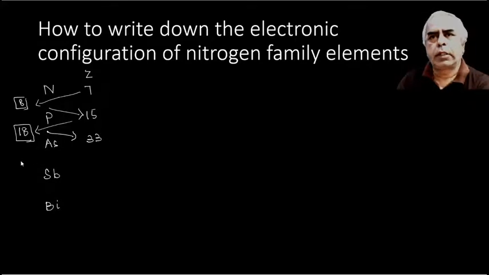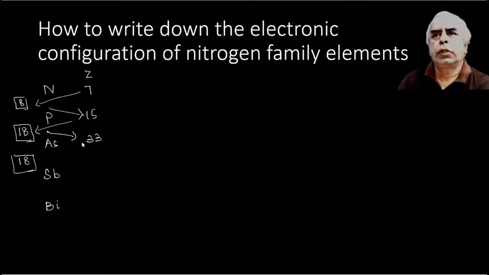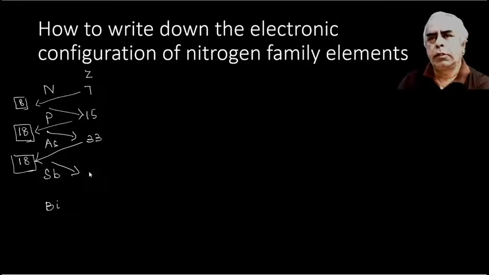And then again you had to add 18 because when it goes from arsenic to stibine, it has to come across 18. So you can add 18 and you will get 51. That is the atomic number of stibine. Then from stibine to bismuth, it has to travel across D block, therefore F block also. So F has 14 electrons.